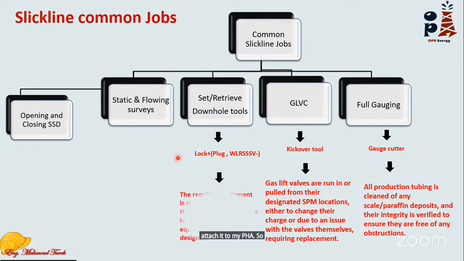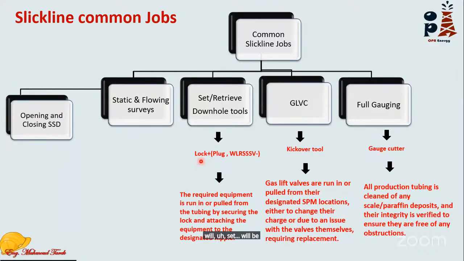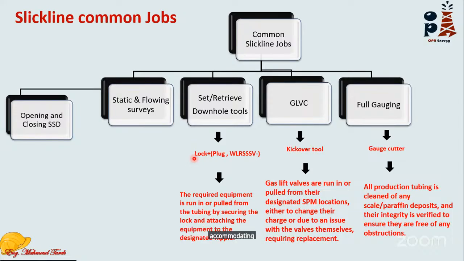So any subsurface tool I want to set inside the tubing will be attached to the lock mandrel. And this configuration of the lock and the subsurface tool will be set inside the tubing, inside the nipple. The nipple is one of the tubing accessories, accommodating the setting of any subsurface tool.